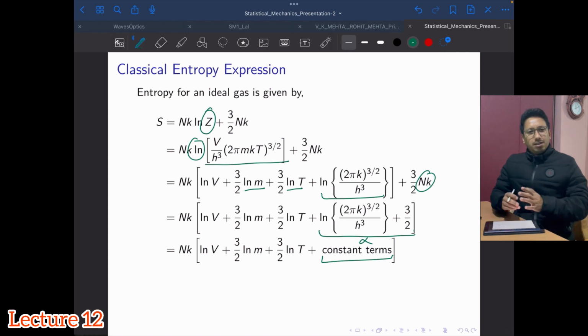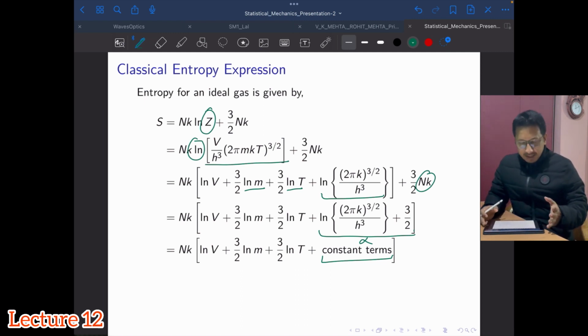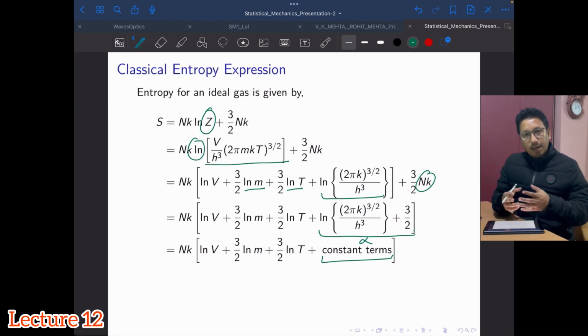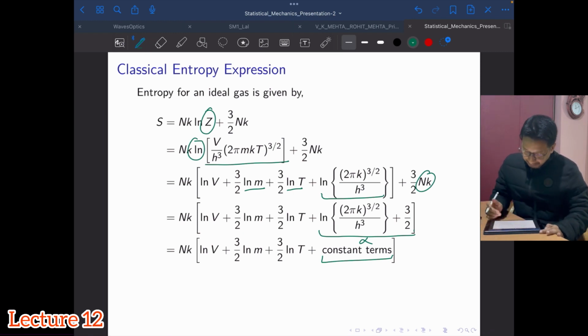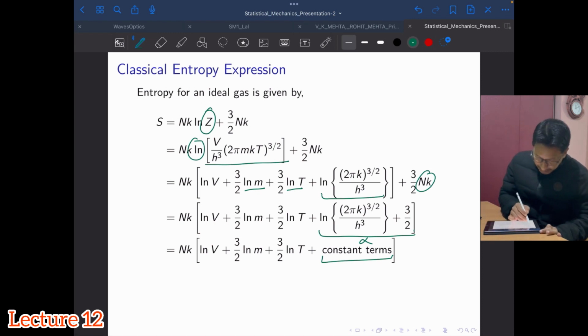Even if the system changes, this constant will remain constant, irrespective of whatever the systems are. So I will remain with the expression for entropy: nk ln V plus 3 by 2 ln m, and then 3 by 2 ln T.